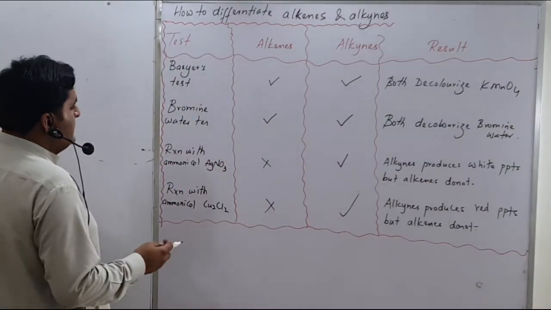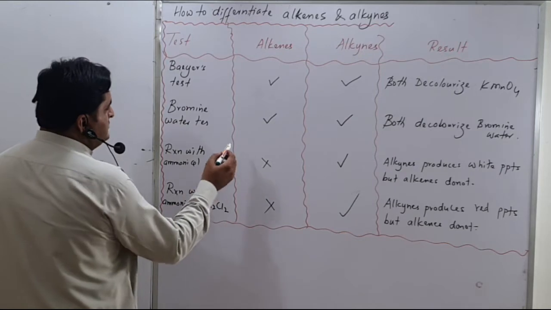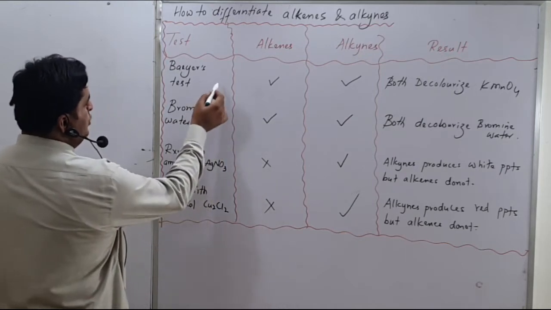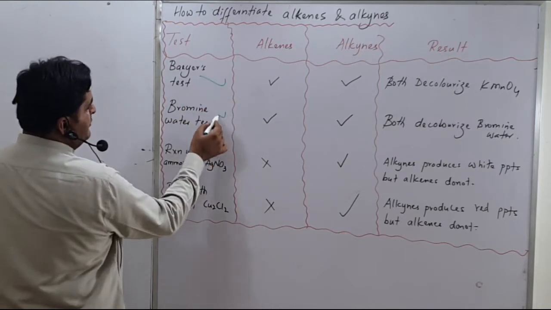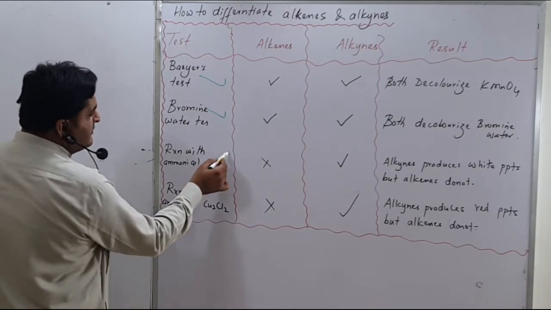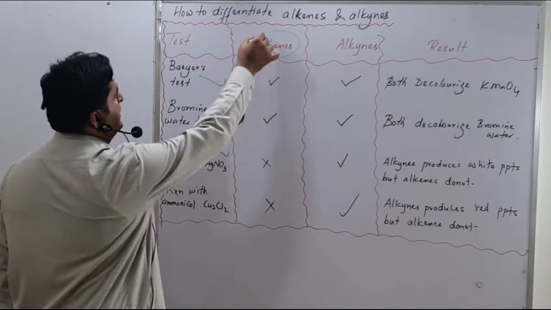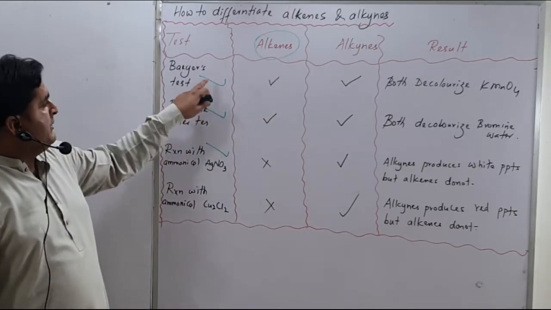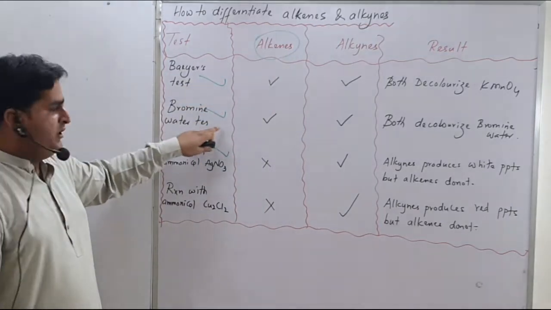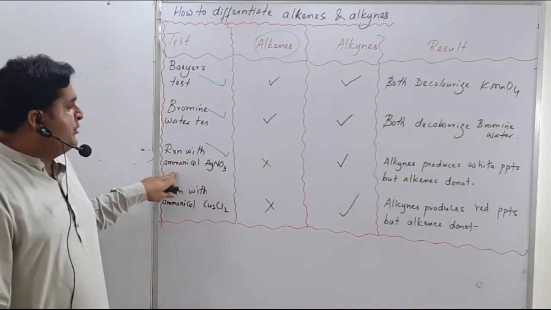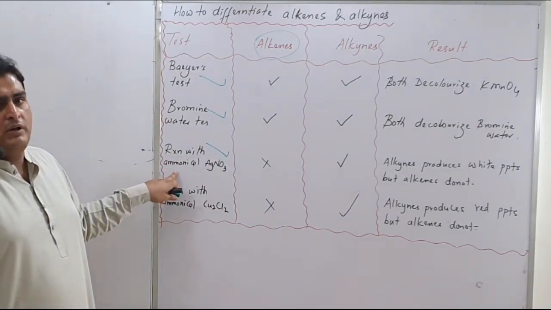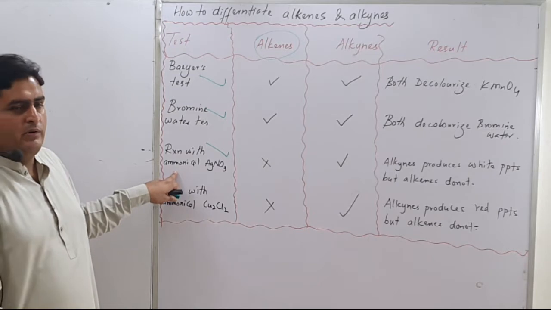So this is further confirmed by the following two tests. If a compound is positive to Baeyer's reagent and bromine water test, but it does not react with silver nitrate, it is an alkene. If a compound is positive with both these reagents but negative with ammoniacal silver nitrate, this compound is an alkene.